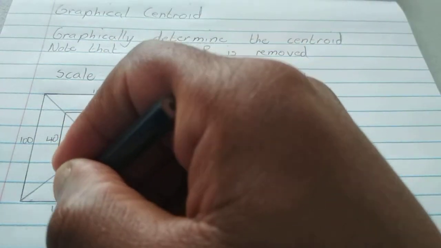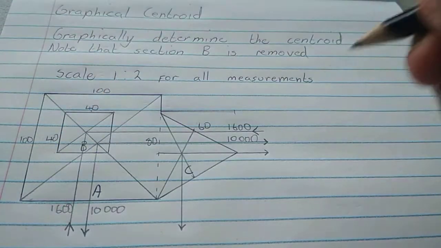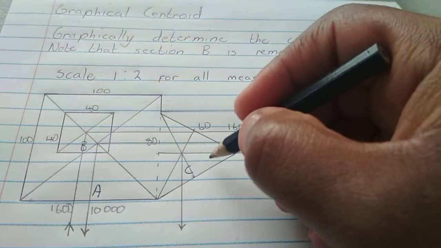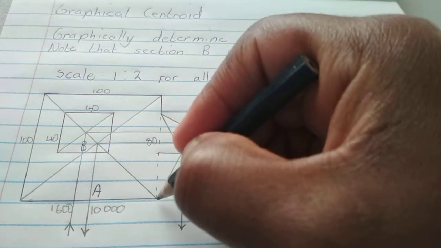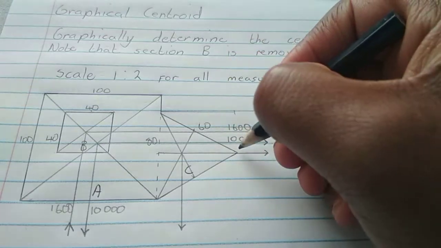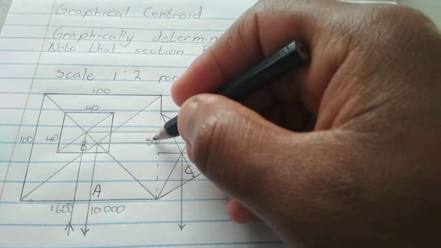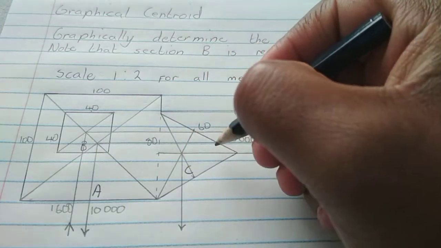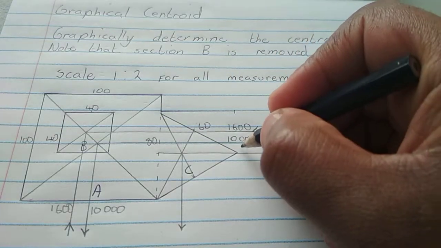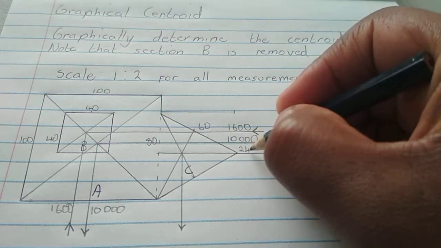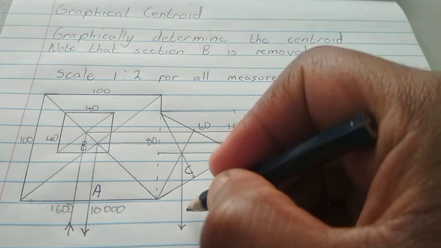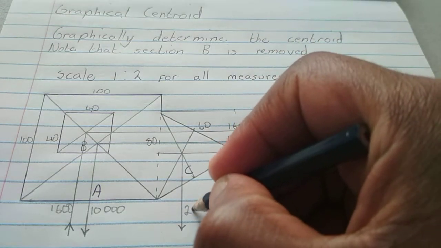So we put 1,600 there as well. The triangle is half base times height. The base is 80 and the height is 60. So half times 80 times 60 will give you 2,400. That's 2,400.